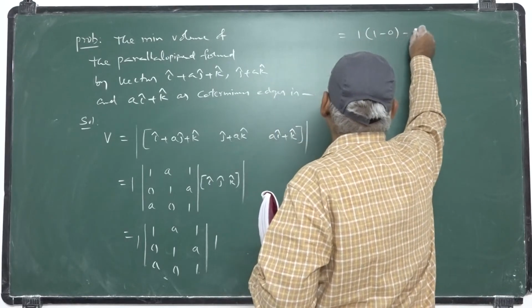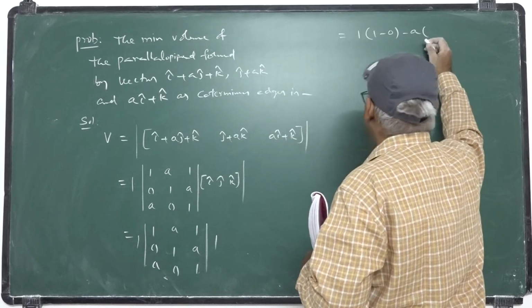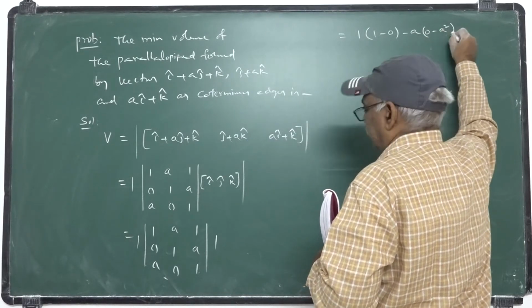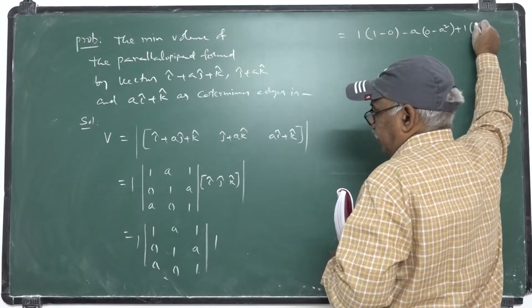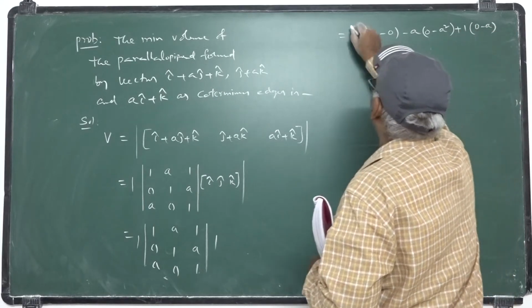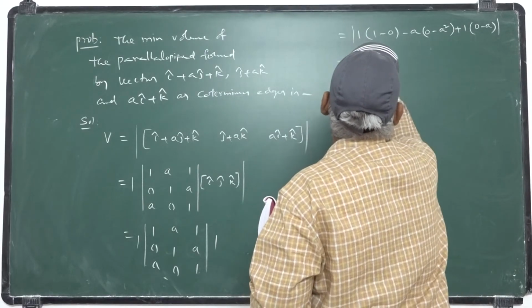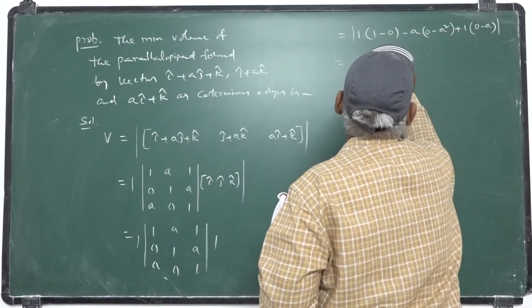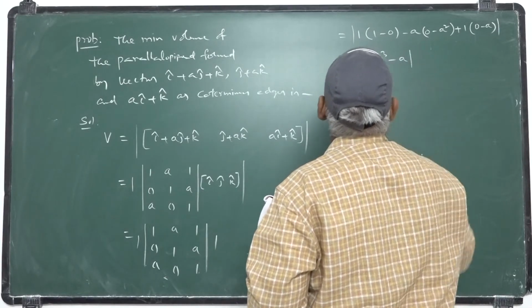That gives us 1 into (1 minus 0) minus A into (0 minus A square) plus 1 into (0 minus A squared), with modulus. That is 1 plus A cube minus A, with modulus.